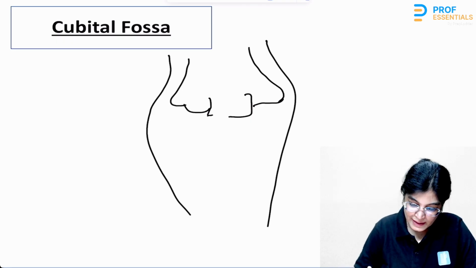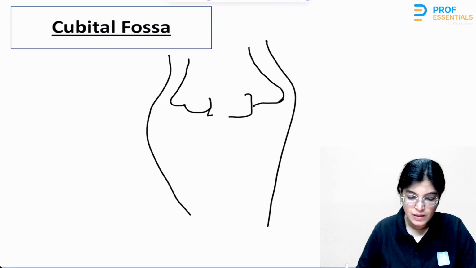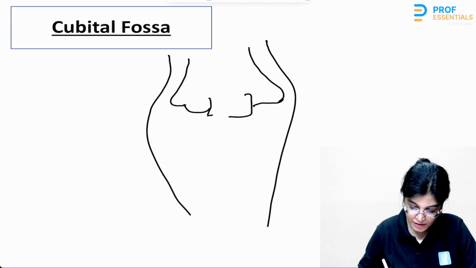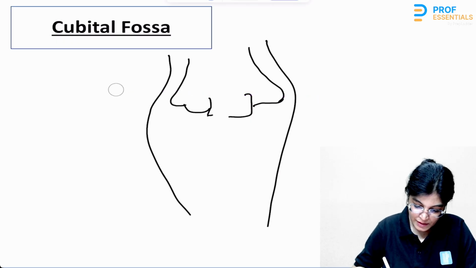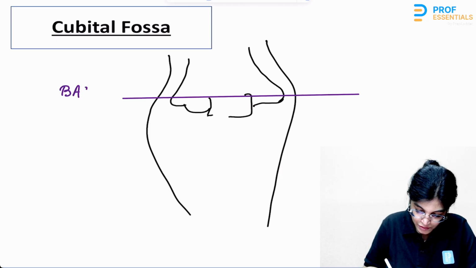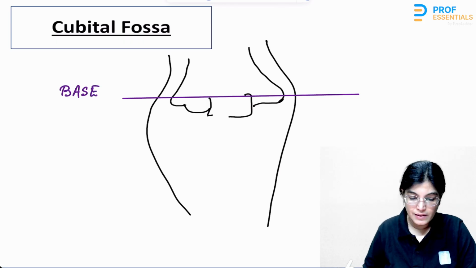And exactly, we can use another color to denote the base. So if we want, we can just have this lower down. It is from medial and lateral epicondyles. So like this. This is the base of the cubital fossa. Got it? This is the base.